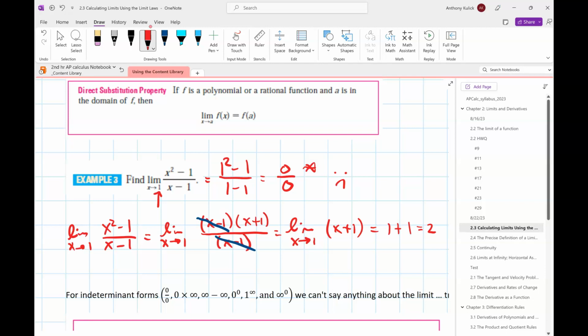Oh, okay. Yep, exactly right. I just used the direct substitution property listed above, because now I had a polynomial that I'm taking the limit of, and that I can plug anything into.